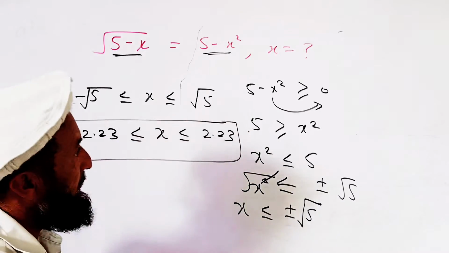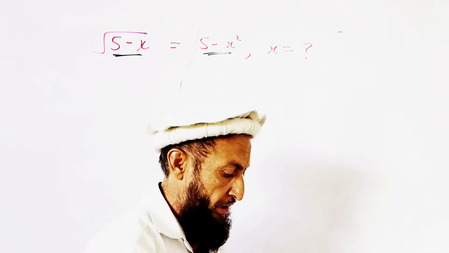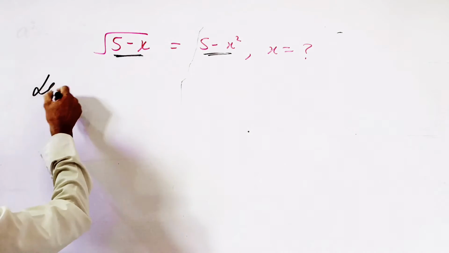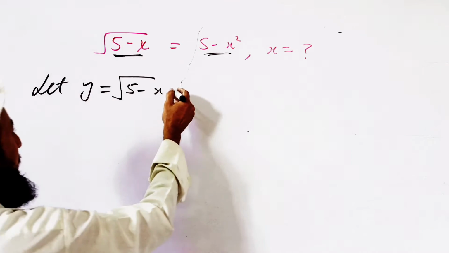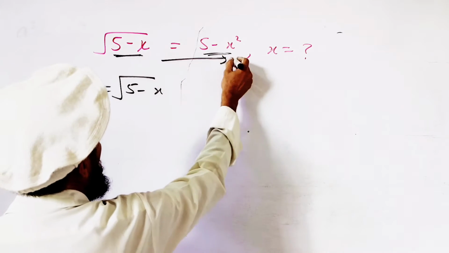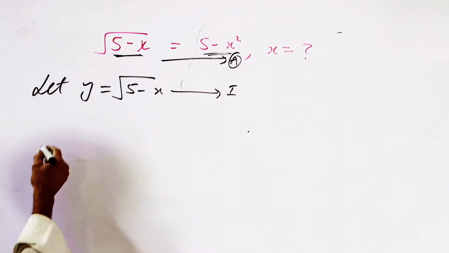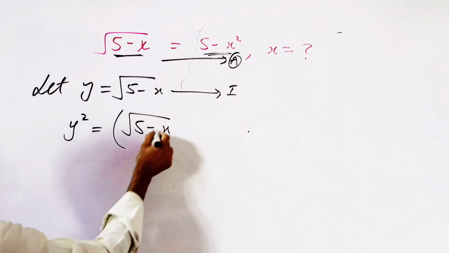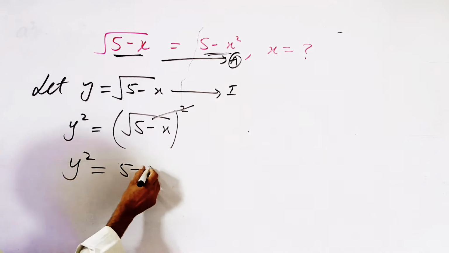Now we calculate the value of x. How do we calculate it? We are using the supposition method. Let's suppose that y is equal to the square root of 5 minus x. This is the first equation. Taking the square of equation one, the square and the root cancel each other, and we get y square is equal to 5 minus x.